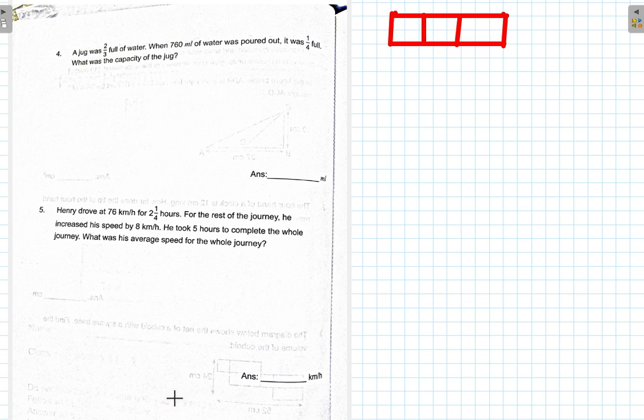Okay, and then it says 760 ml of water was poured out. So here is what? 3 units, right? And then 760 ml was poured. Then it was 1/4 full.